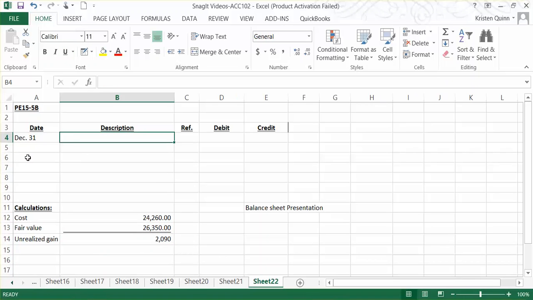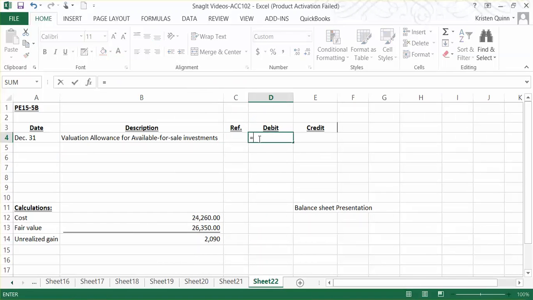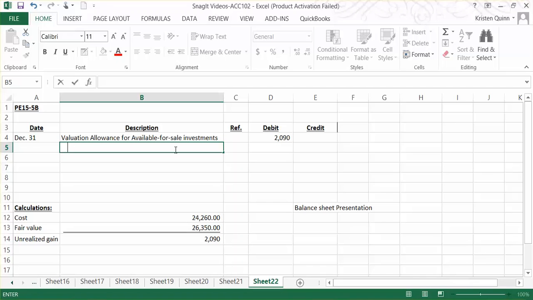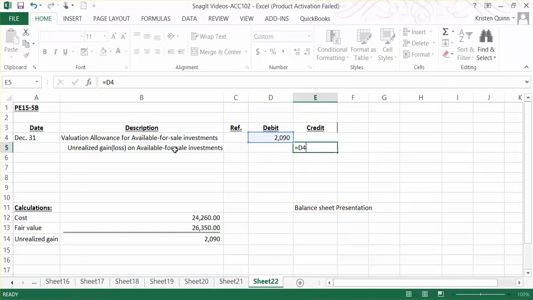So we are going to debit the valuation allowance account for our available for sale investments for a total of $2,090. We are then going to credit an unrealized gain or loss on our available for sale investments of the same $2,090.